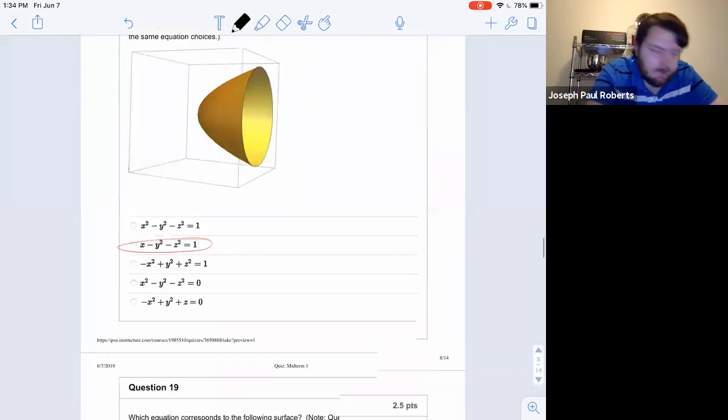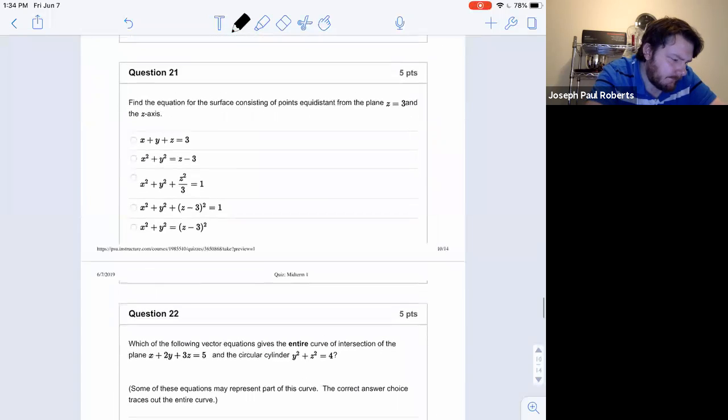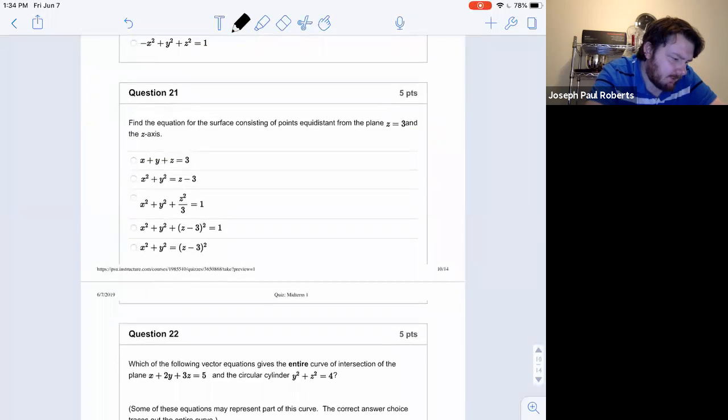All right, and then find the equation for the surface consisting of points equidistant from the plane z equals 3 and the z-axis. So I think this is the other trickiest question on this exam, but I can't remember if we put this on the quiz or not for quiz 2.